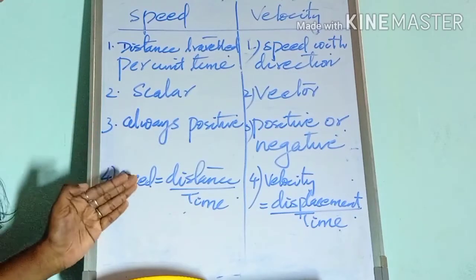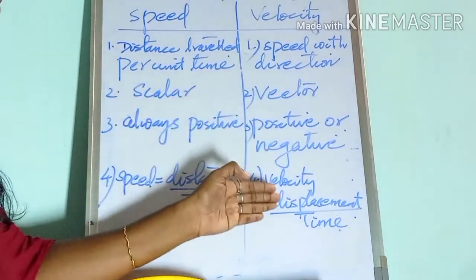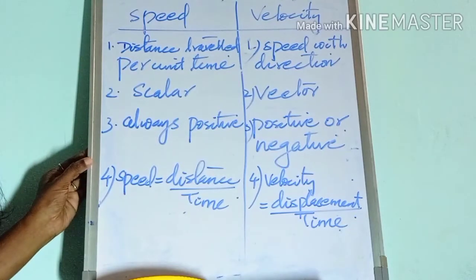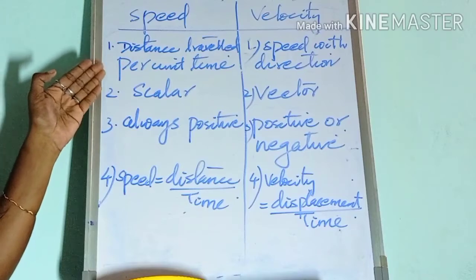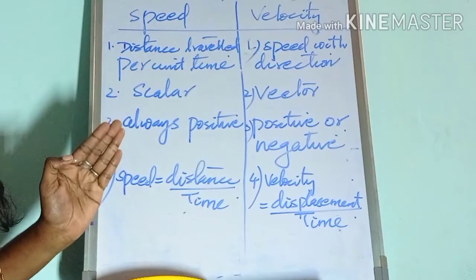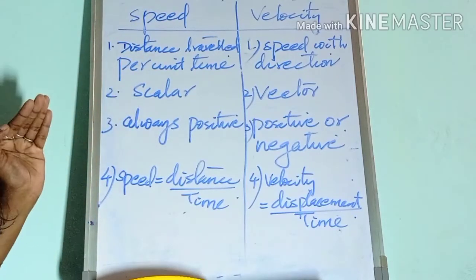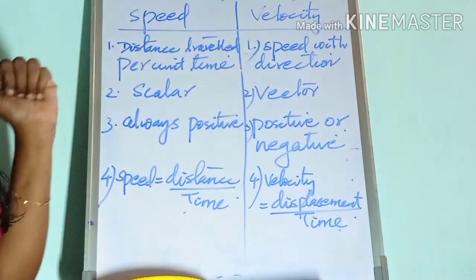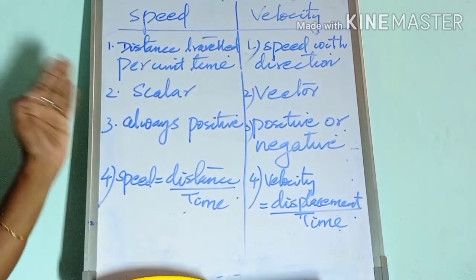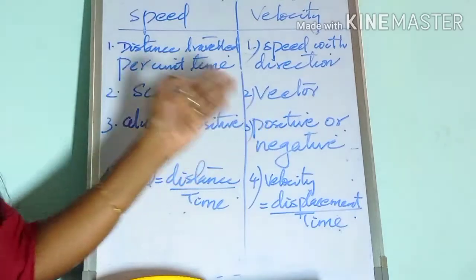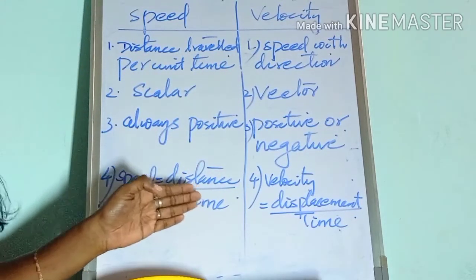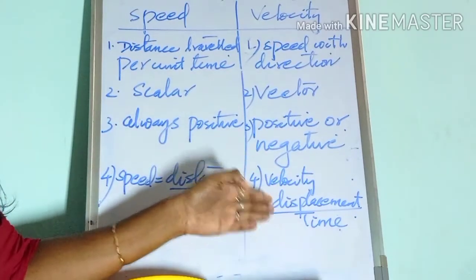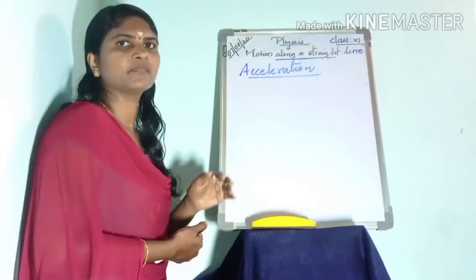Speed equals distance by time and velocity equals displacement by time.